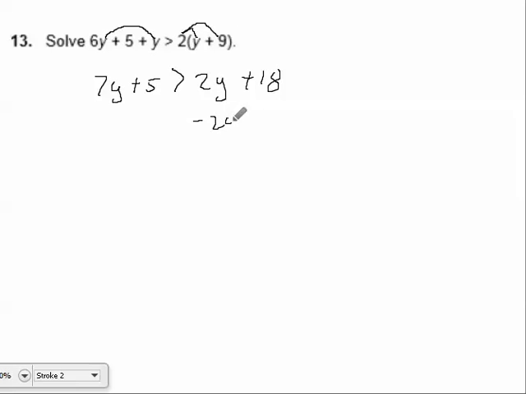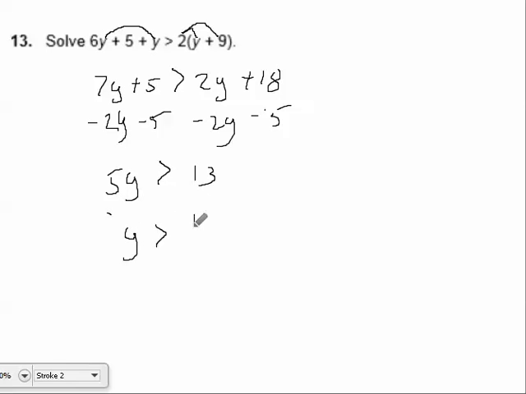So I'm going to subtract the 2y, and I'm going to get 5y, and I'm going to subtract the 5. 5y is greater than 13. And when I divide by 5, I'm going to get y is greater than 13 over 5, which is 2 and 3/5.